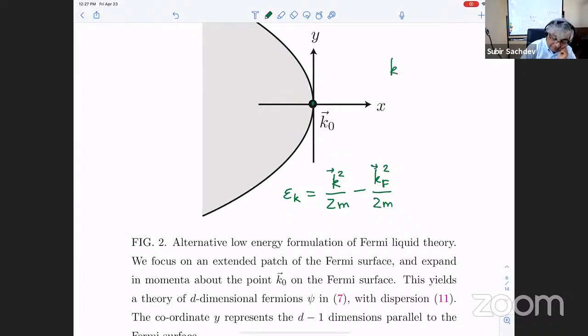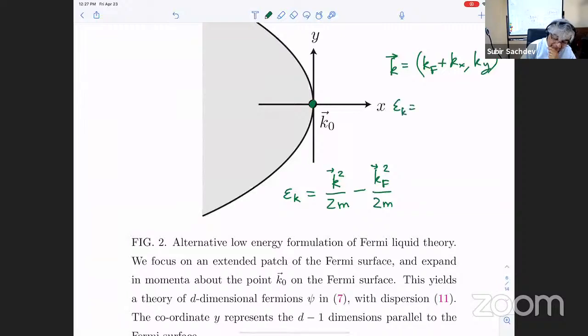So now I take my k to be kf plus kx. So I take the point, this is the point x0, and ky. So now I expand this out, what will I get?